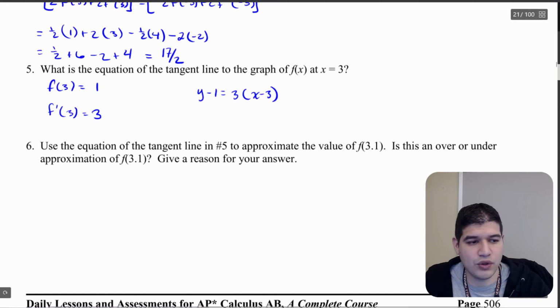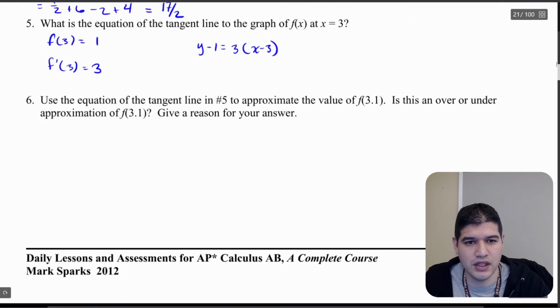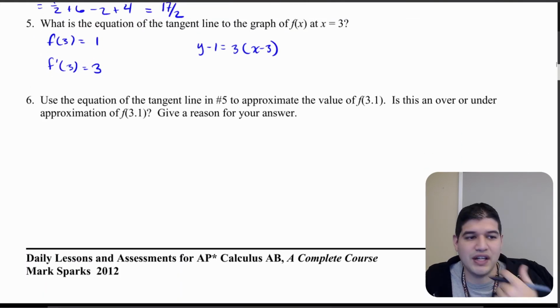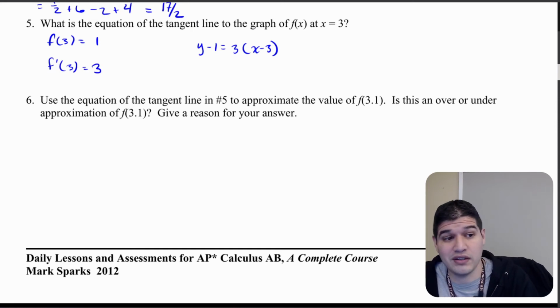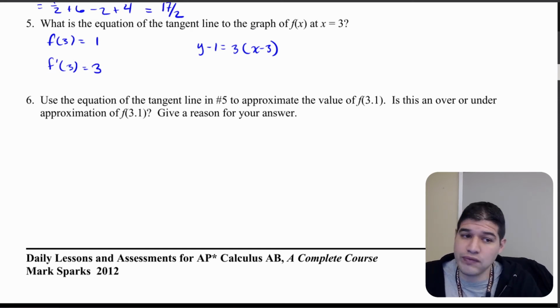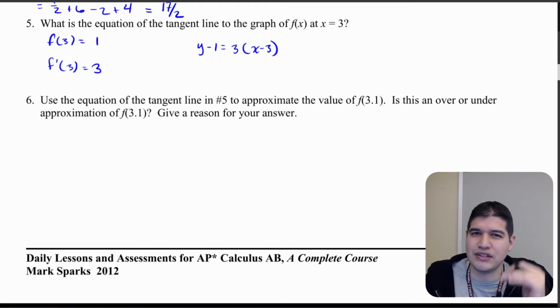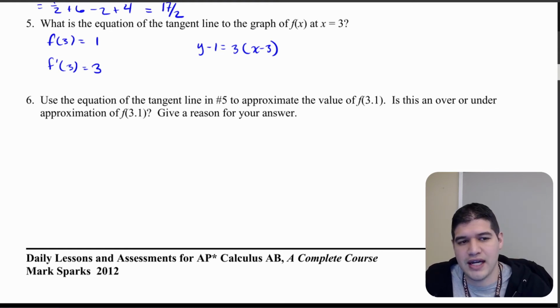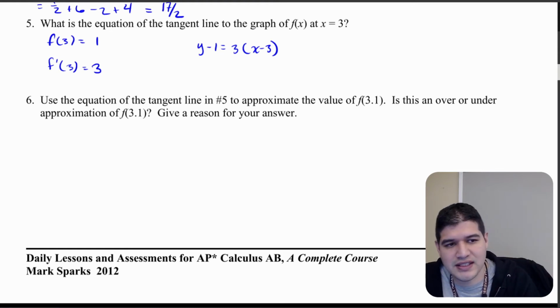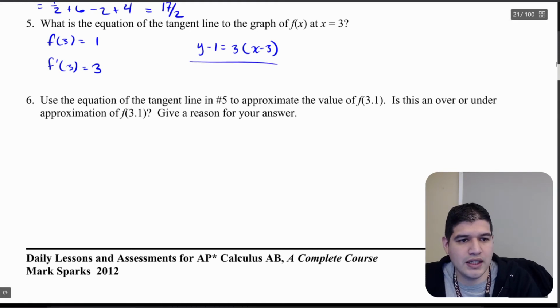And let's move into our final question here, number 6. We want to use this equation to find the value of f at 3.1, okay? And then we're going to say, is that an over or an under approximation? You're going to have to remember how we figure that out. But let's first find this approximation. I'm going to substitute 3.1 into x. So y minus 1 equals 3 times (3.1 minus 3).